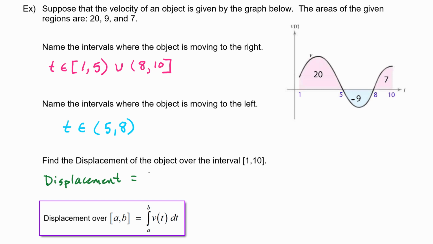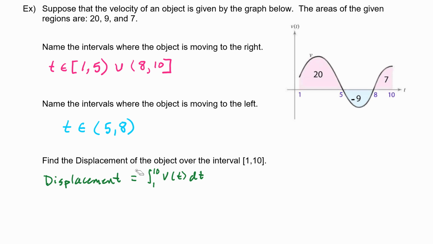So that means it's going to be the integral from 1 to 10 of v of t dt. Now evaluating this definite integral is going to be pretty easy in this case because we are going to be able to use the geometry of the graph here.